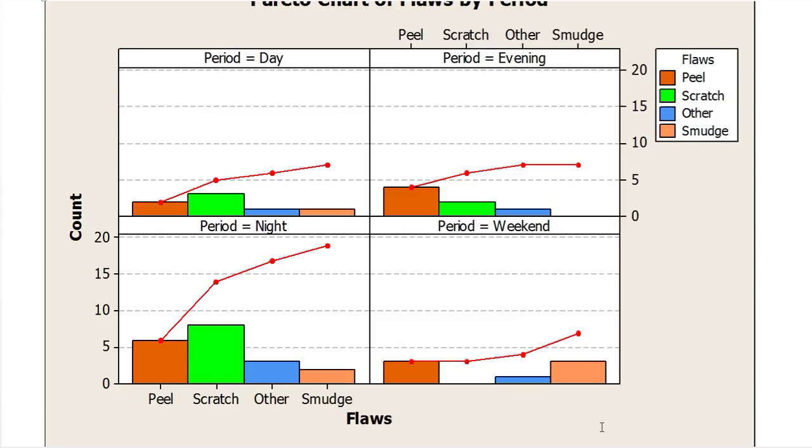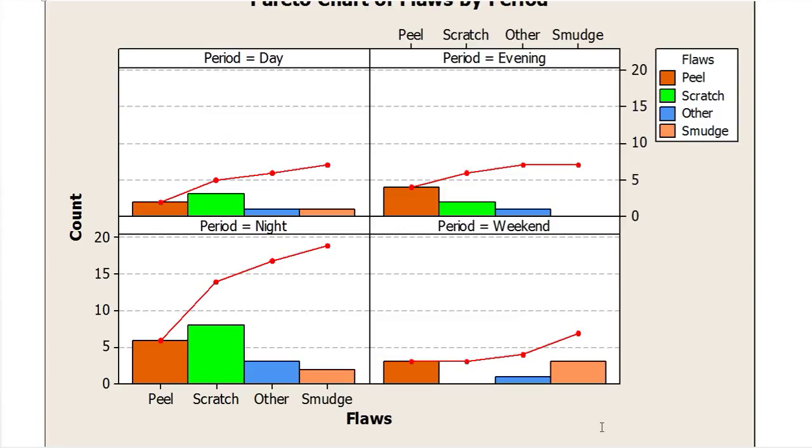Okay, but I would notice, for example, that the weekend guys, first of all, their numbers are pretty low, and especially they have very few scratches. On the other hand, the night period seems to have lots more mistakes, and their scratches are very high.